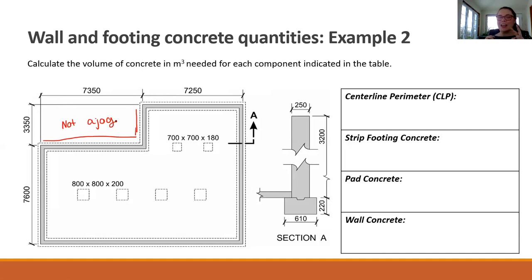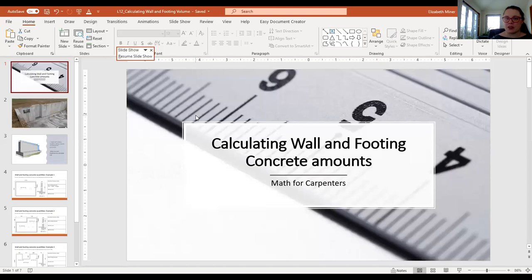It's not a jog in the definition of centerline perimeter, okay? Sometimes people will use the word jog for that, but it's not the jog. It doesn't have 2 sides on it. I don't know if I made that more confusing or less confusing. I do know there's a couple of questions in there that talk about that shape as being a jog, but that's not the jog that we have for our centerline perimeter formula.